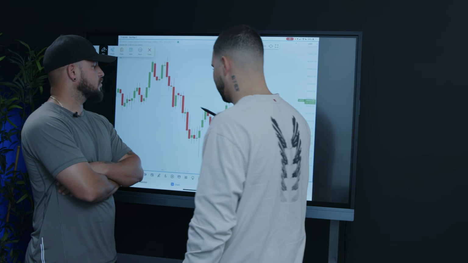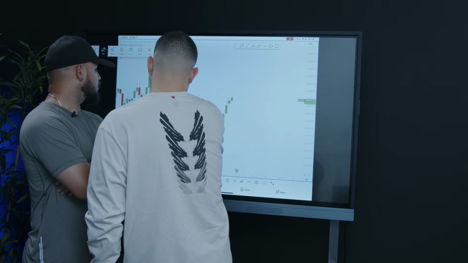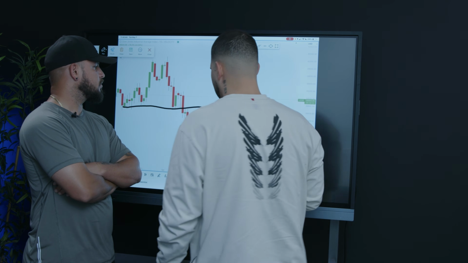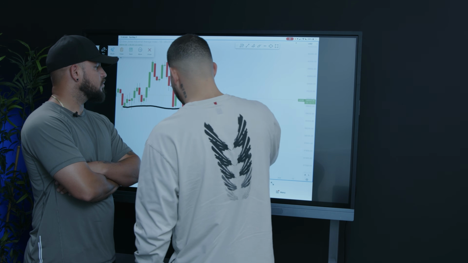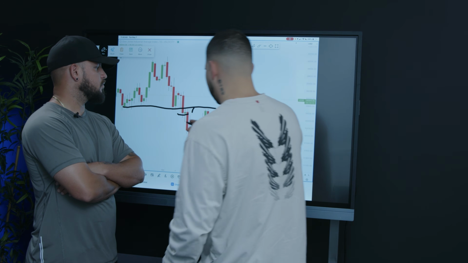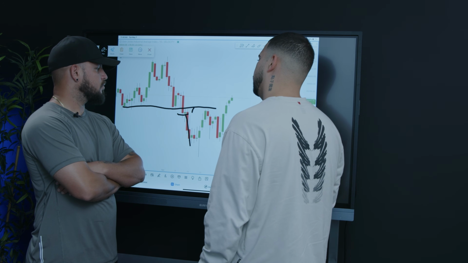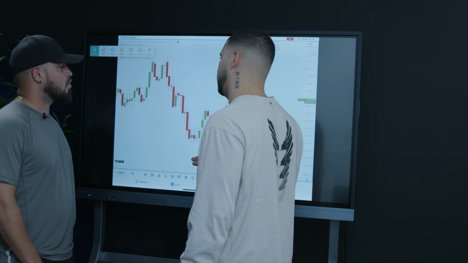If we were looking at the same thing, this is where the support is right here. If I were to enter here, my stop loss is this, very small. My take profit is everything else. That's where my stop loss would be.